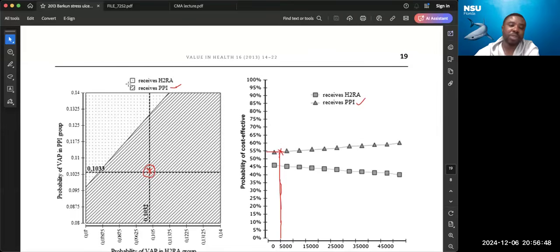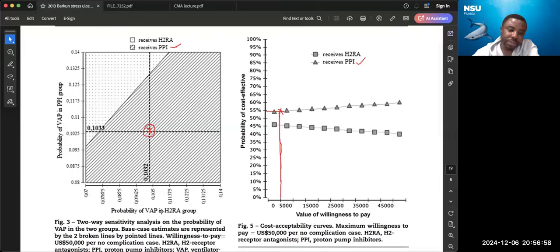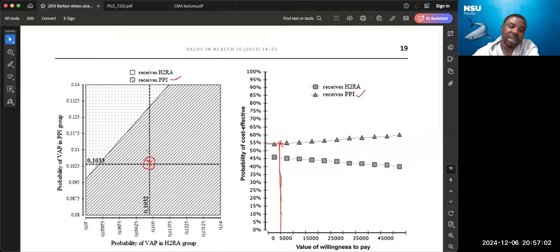Our decision will still be the PPI, because if you plot 0.1033, it will be around this place, and 0.132 will be around this place. When you plot this on the graph, it would meet in the shaded area for the PPI. So the PPI still is our decision.